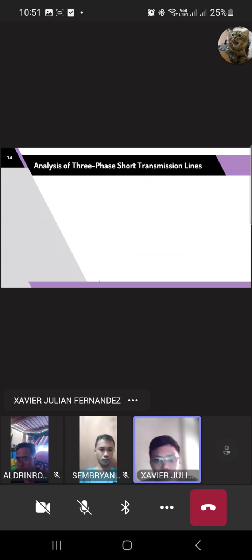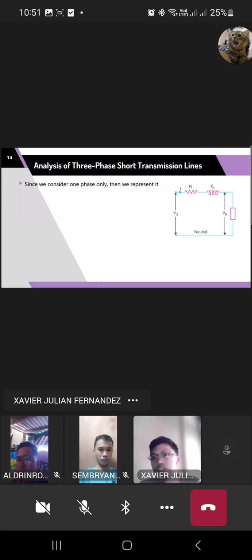So if we consider one phase only, it's still single phase. If we consider it as three-phase, we represent the transmission line by one phase only. I keep saying this, as with your other teachers: for three-phase, our calculation is per phase. The same goes for the transmission line; our analysis should be per phase.